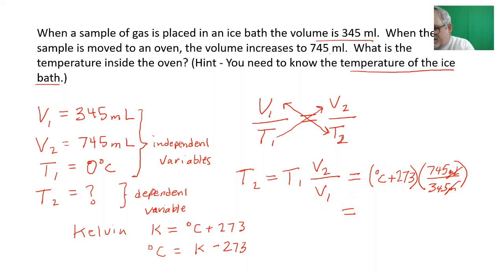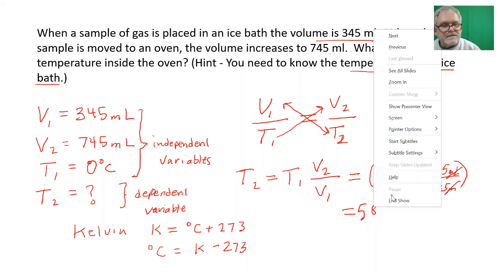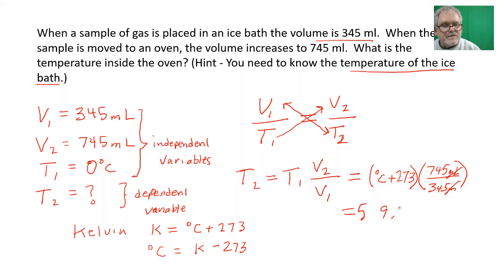So I've got 0 plus 273 equals, times 745 equals, divided by 345 equals, and that equals 589.5 Kelvin.